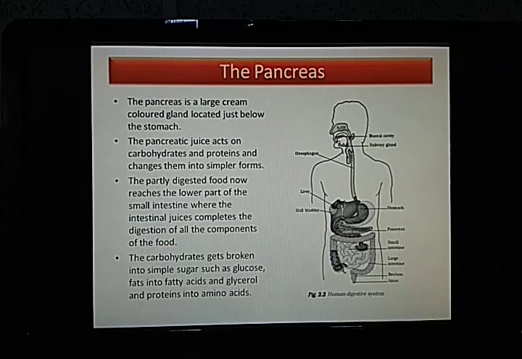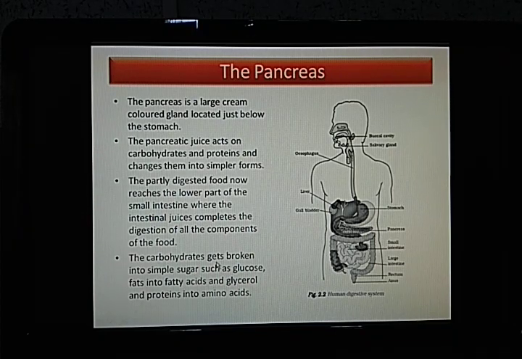Now the carbohydrates get broken into simpler sugars such as glucose, fats into fatty acids and glycerol, and proteins into amino acids. These carbohydrates, which are broken down by the pancreatic juices, are broken into simple sugar, which is known as glucose.